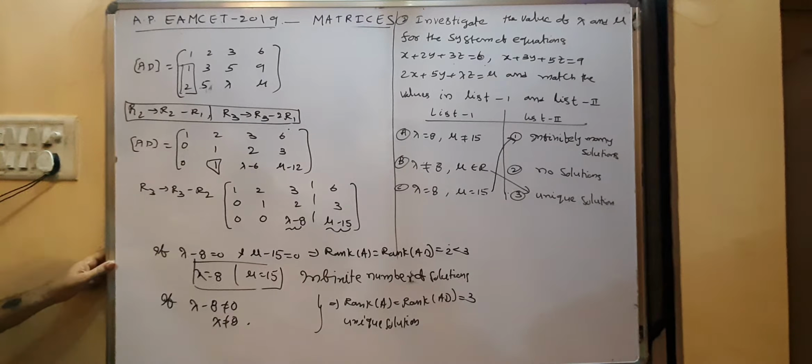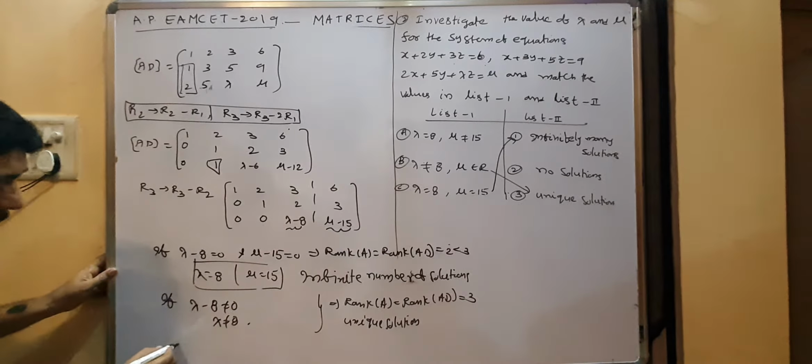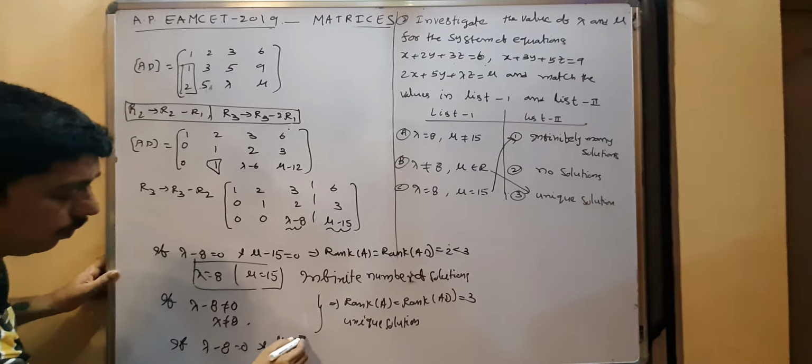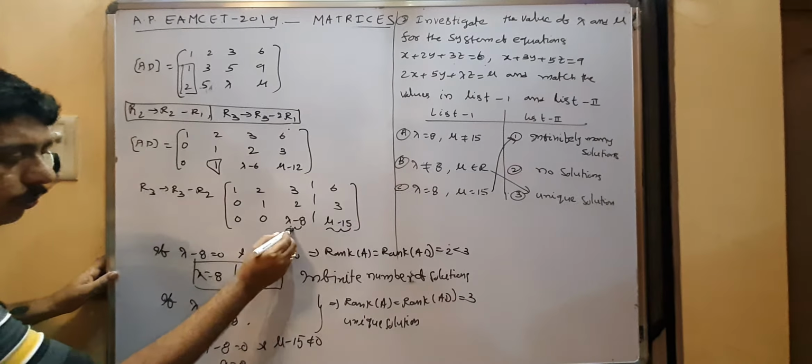Next, third one. What is the remaining here? Lambda equal to 8 means this becomes 0. If lambda minus 8 equal to 0 and mu minus 15 not equal to 0, then this becomes 0 and this is not equal to 0.